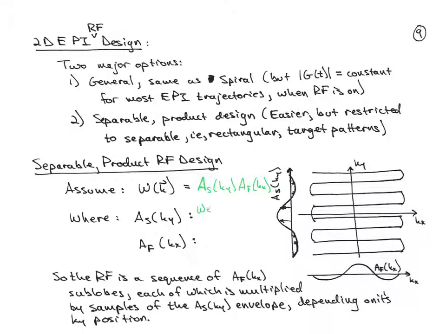So again here, AS of ky is the weighting in the slow dimension, or the blipped dimension, and AF of kx is the weighting in the fast or frequency encoded direction.